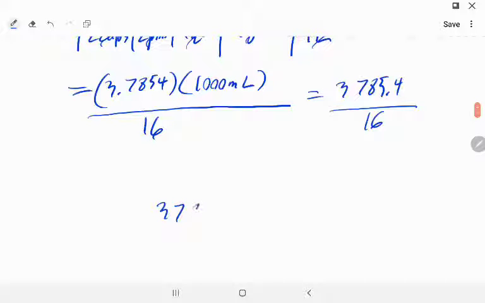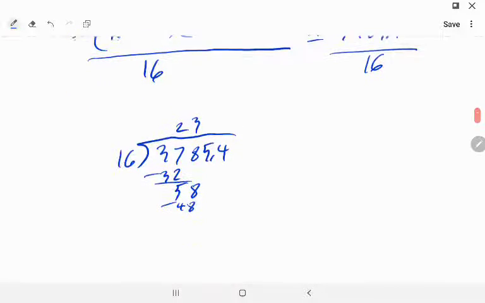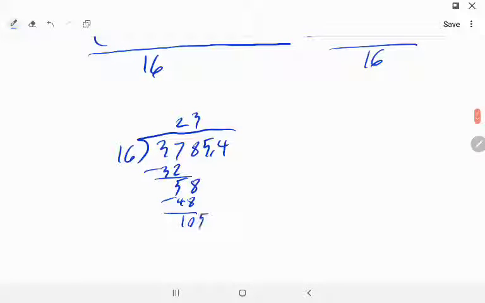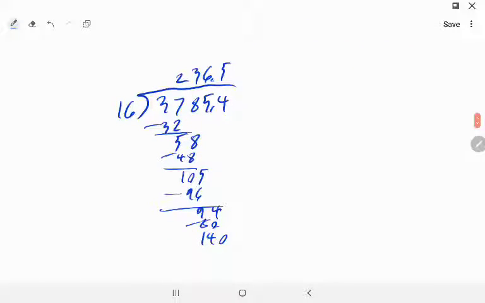We know 3785.4 divided by 16, we're going to get... So now we have to work a little harder. That's going to be 6, 94, that's going to be 0.5, and that'll go in 8 times.